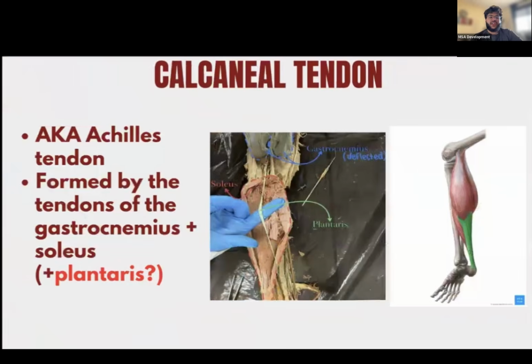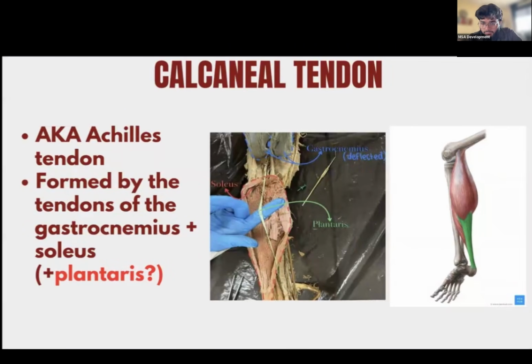Now, let's talk about the calcaneal tendon. The calcaneal tendon is your Achilles tendon. You guys probably already have heard of this. The Achilles tendon is formed by the tendons of the gastrocnemius and the soleus. Both of these tendons join together and form the Achilles tendon, which is the strongest and, if I'm not mistaken, the largest and thickest tendon in your body as well.